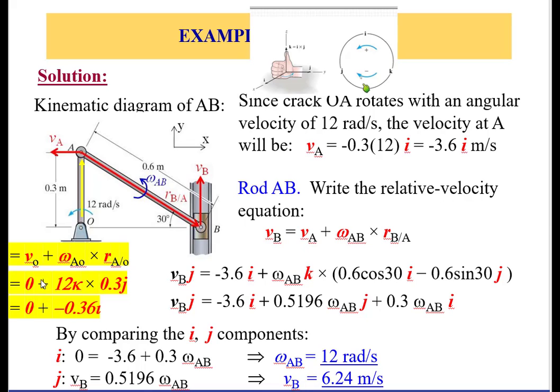Now the velocity of O is 0. The angular velocity of link OA is given as 12k, cross the position of A as seen by O, which is that vector, 0.3j pointing upward. So 12 times 0.3 is 3.6.